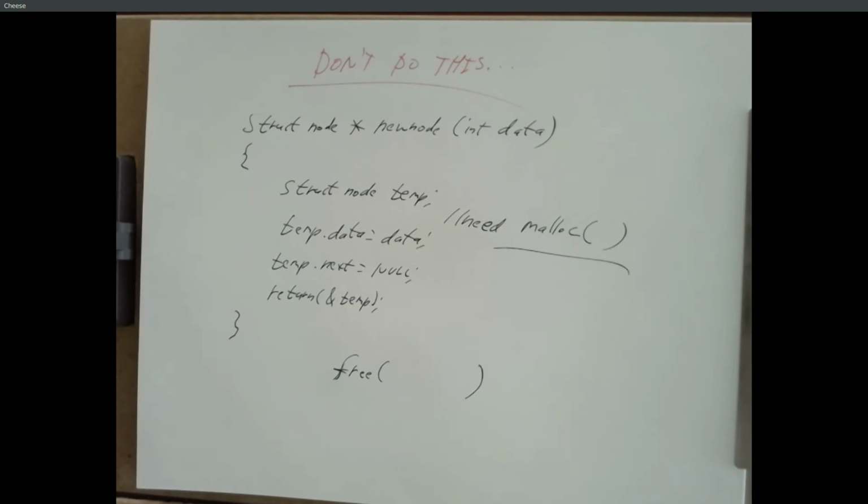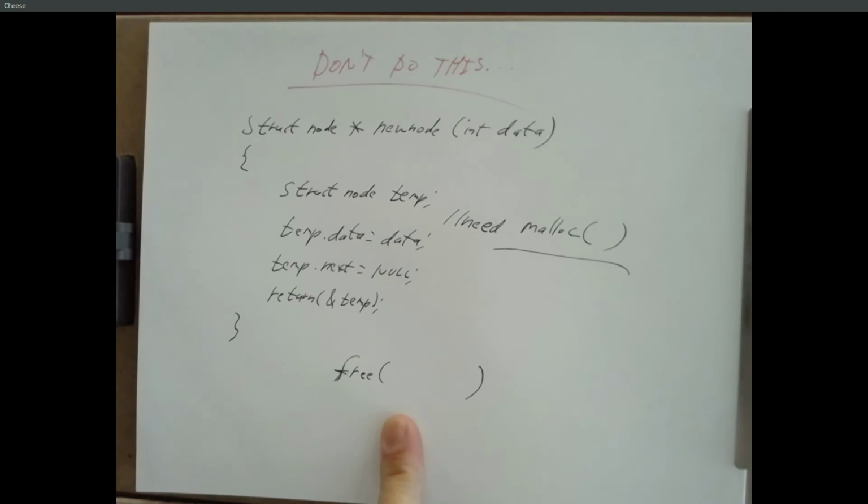If at some point we decide we're done with that node, we don't want to use it anymore, we should pass the address of that node to this function free. And that basically does what your release node does in PA1. It clears a valid bit somewhere and says this block is no longer in use. And now the next time you ask for a block of memory, you might get that same block back, which presumably is okay because you called free because you didn't care about what was in there before.